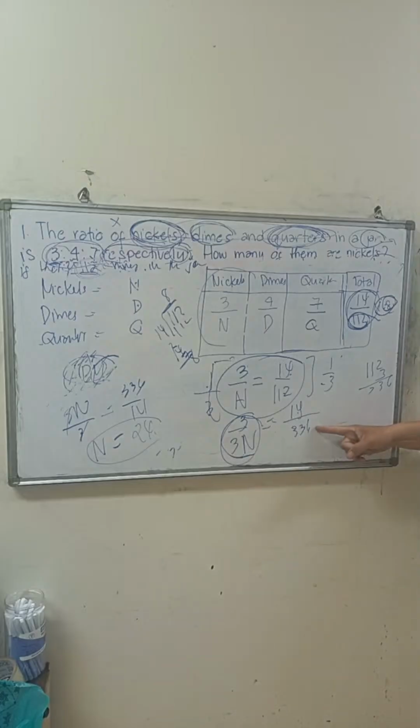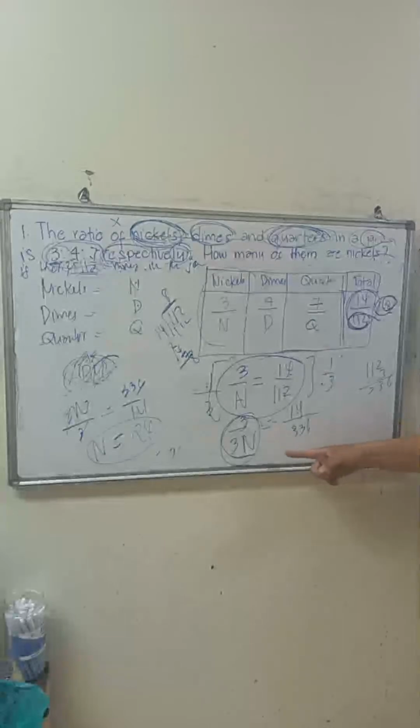Look, this equation, 3 over 3n, is equal to 14 over 336. Now, if you are not really an expert, or a seasoned engineer or whatever, you will be afraid of this, that you will invert, right?